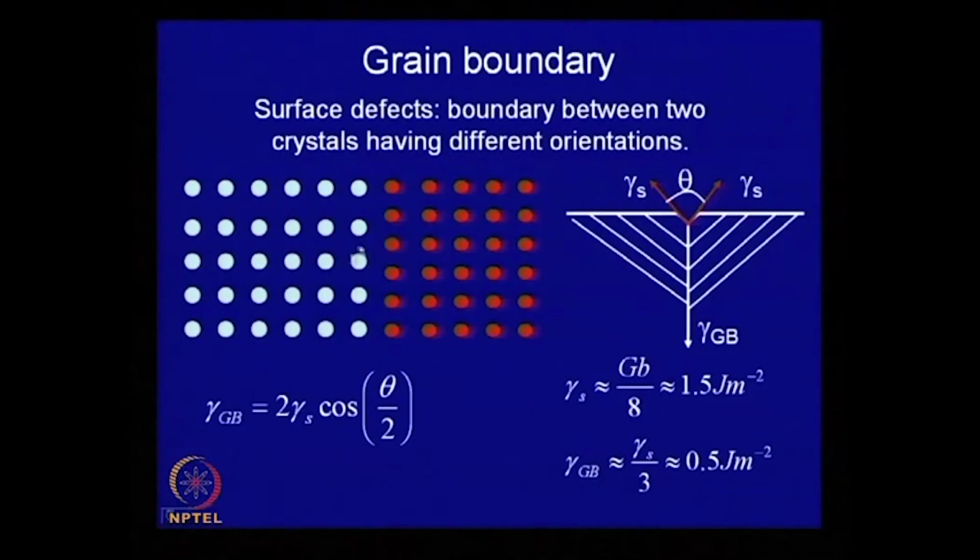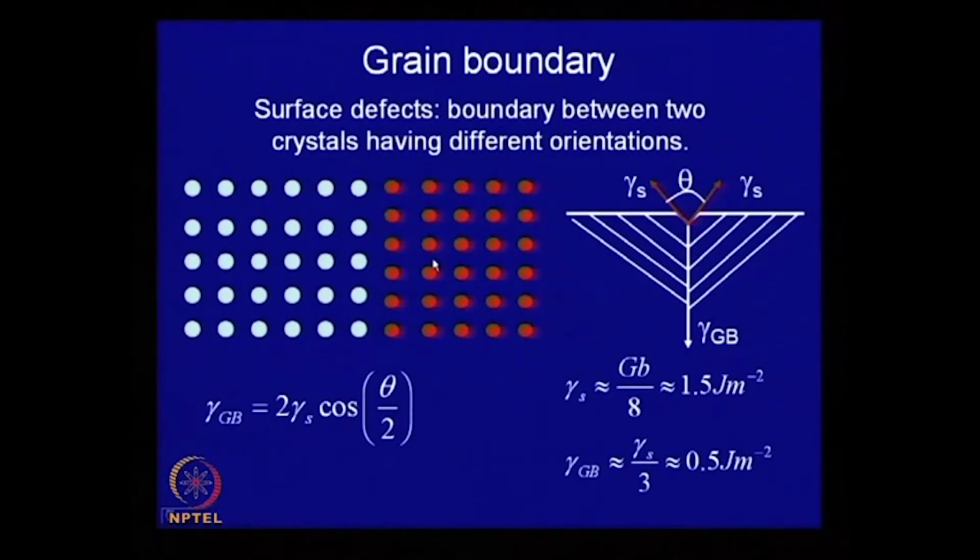Now, let us take up a case, which I am representing pictorially. This is one grain, this is another grain, and very often we will find that their atoms may not match, they will be randomly oriented, like here there is an atom and here there is an atom. So there is no exact crystallographic match over here.